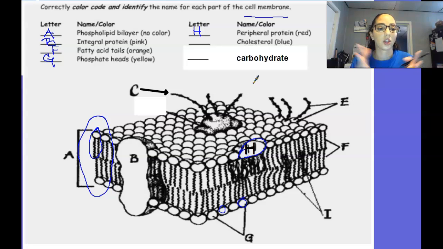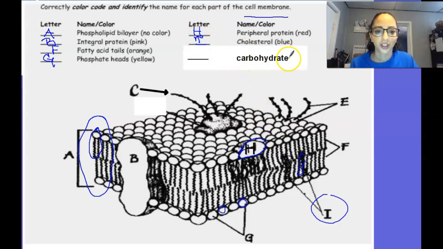And when high temperatures are present, it tends to keep them together, because at high temperatures they tend to loosen up, so we don't want to compromise the cell membrane. So the cholesterol keeps those phospholipids together. So cholesterol will be these ones over here, if you can see them between the phospholipids. So it will be I.